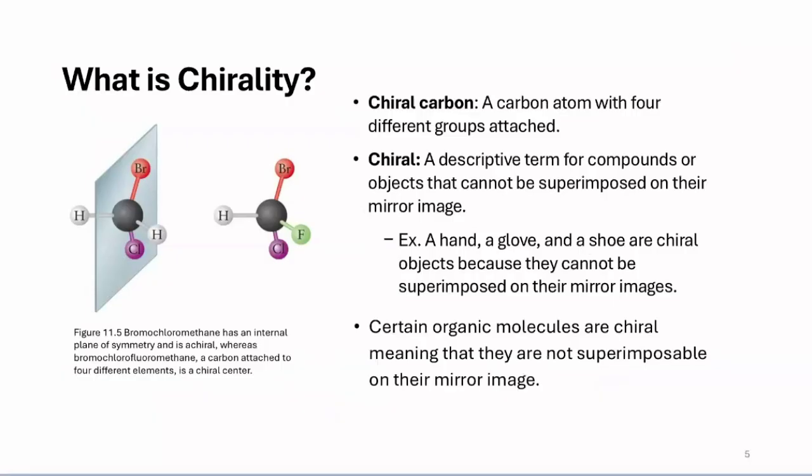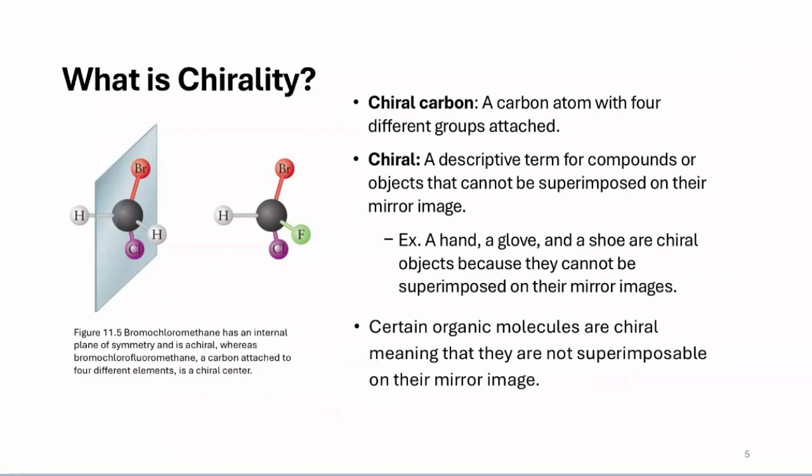Now, it is important to note that whenever a carbon atom has four distinct groups, that is known as a chiral carbon.